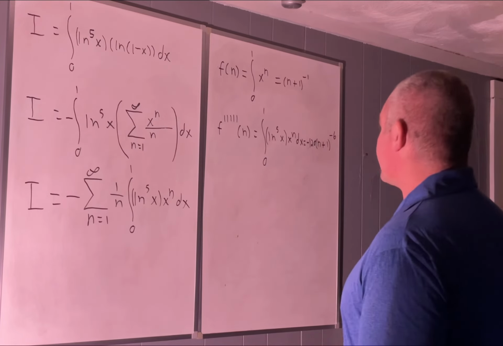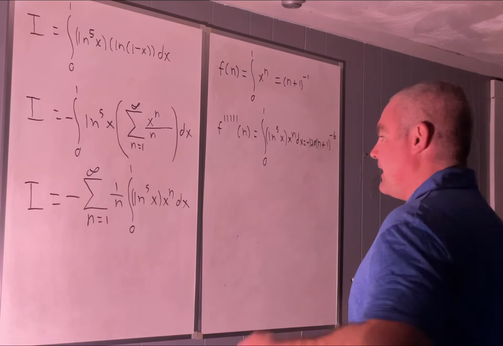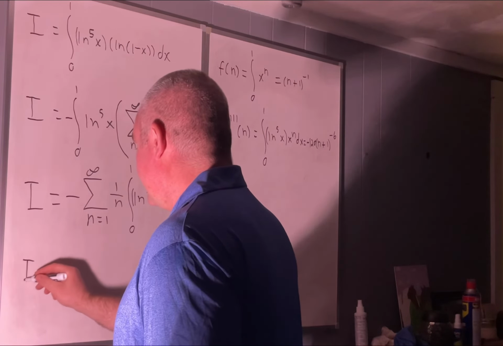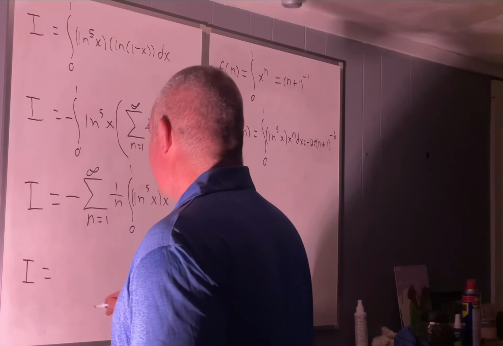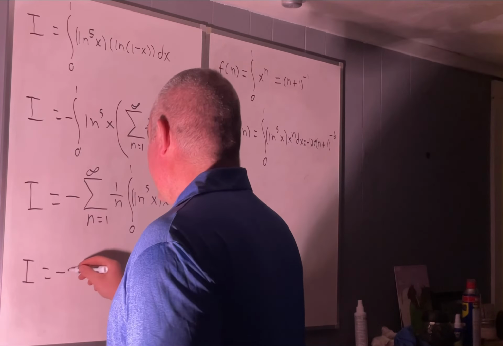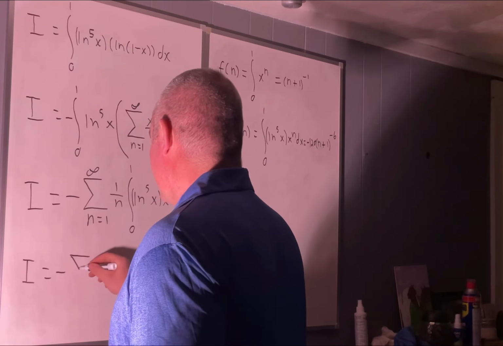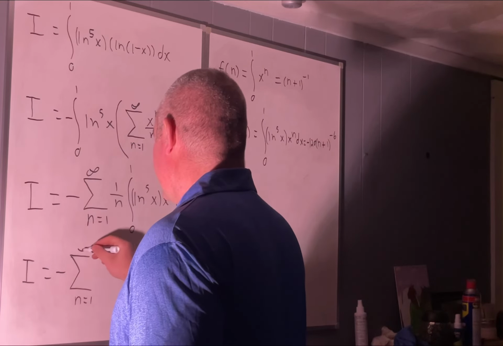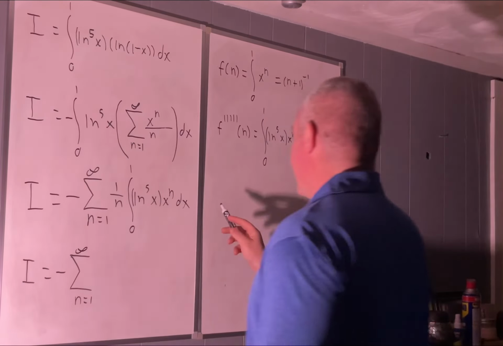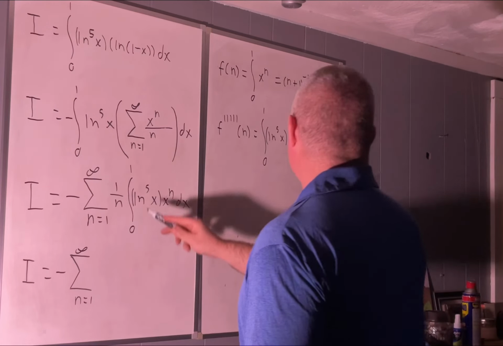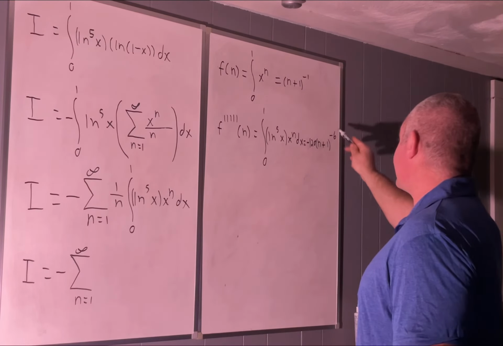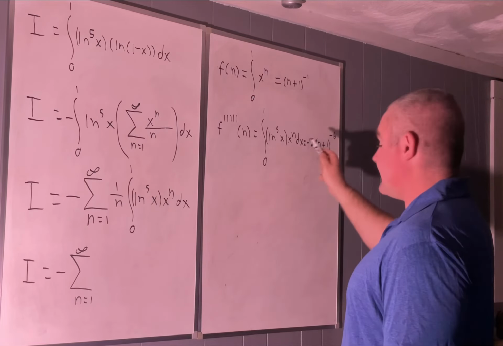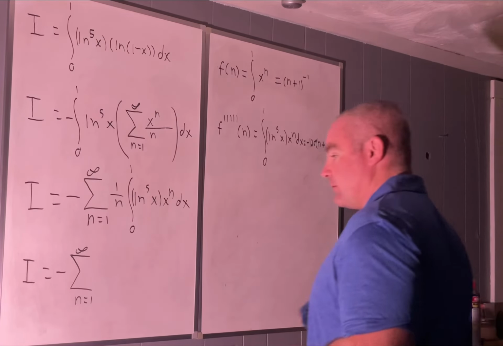All right, so now we can rewrite our I using that fact. So I is now equal to, let's see, we still have negative sum from n equals 1 to infinity. We'll still have the 1 over n, but this entire thing will simply become this because they are equivalent. So let's see, the negative and the negative will cancel out.